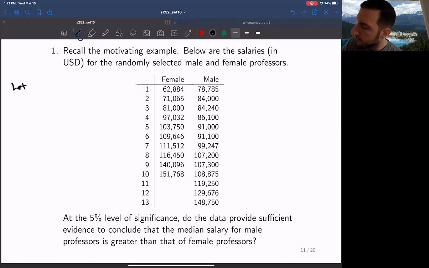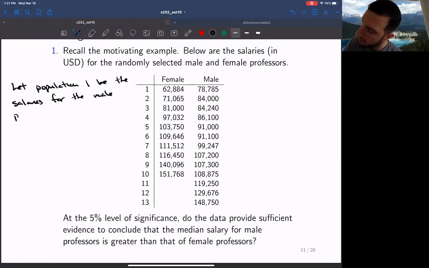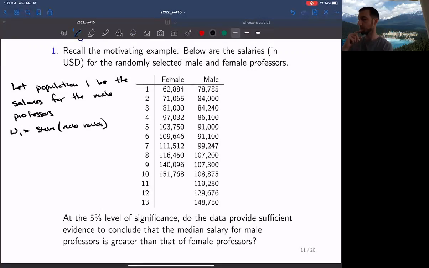So let population 1 be the salaries for the male professors. Therefore W1 is equal to the sum of male ranks.